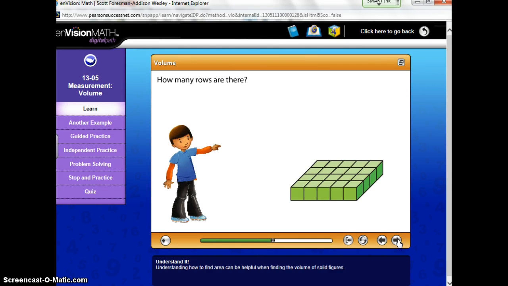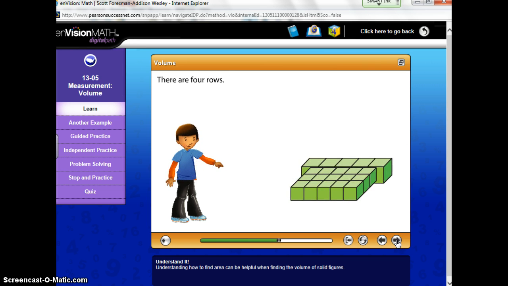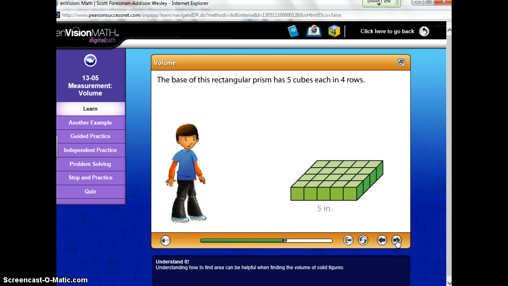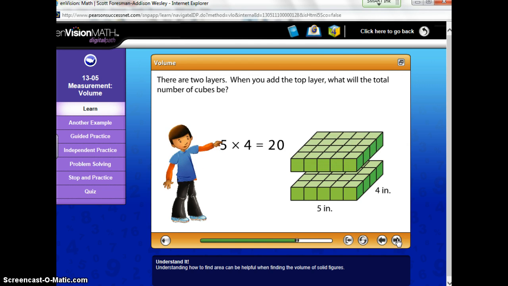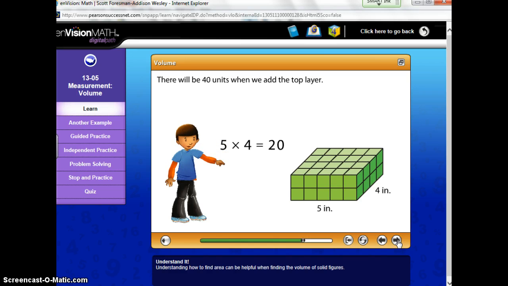So 5 times 4 is 20. So even though we can't see all those in our final picture, we know there's 20 on the bottom layer. Now, if we stack a second on top of it, we could add another 20 to it. Or another way to do that is to multiply what we already had by 2.